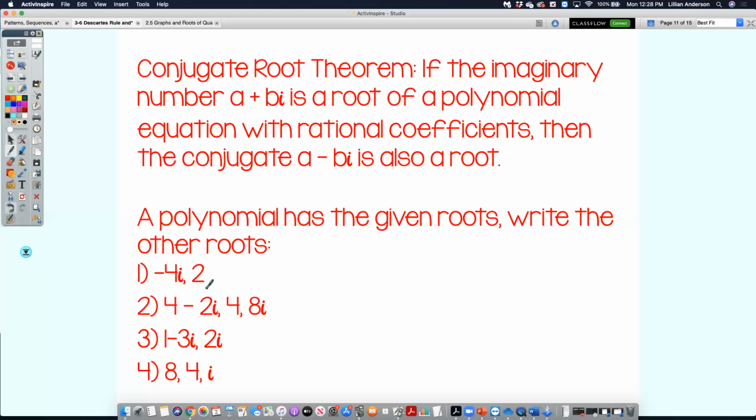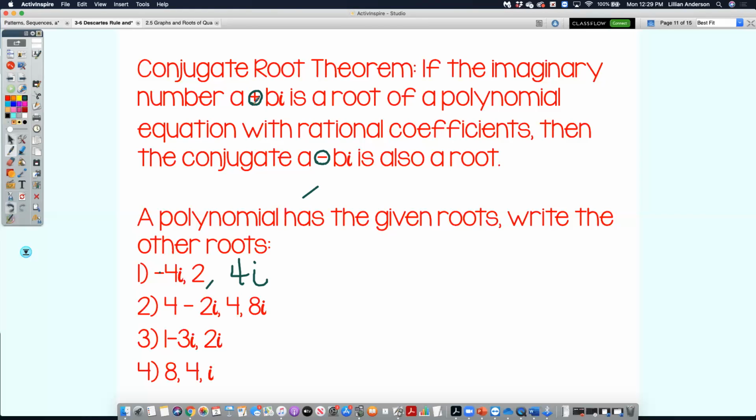And the reason why it's 4i is because that is its conjugate. If you have the negative version, then the positive version is also a root. And it's only the imaginary part that changes with the conjugate root theorem.